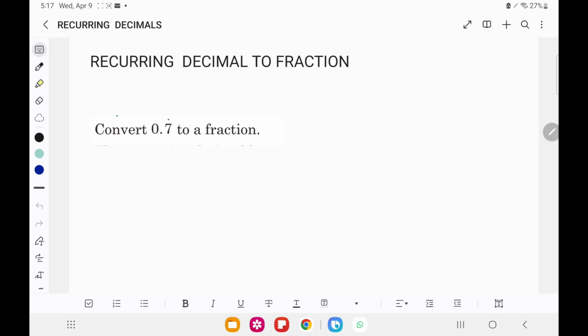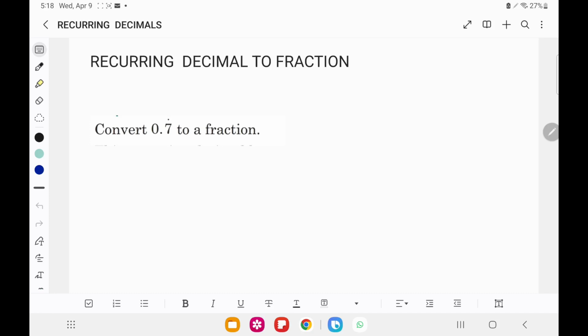So let's start. To convert a recurring decimal into a fraction, we first identify the number of places that are recurring. For example, in the first question, we are converting 0.7 recurring to a fraction. This recurring decimal has one place recursion, so you multiply by 10.